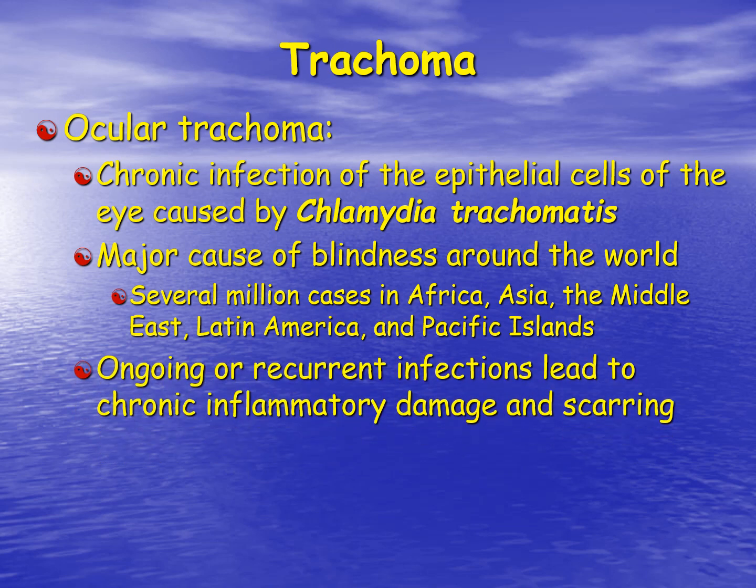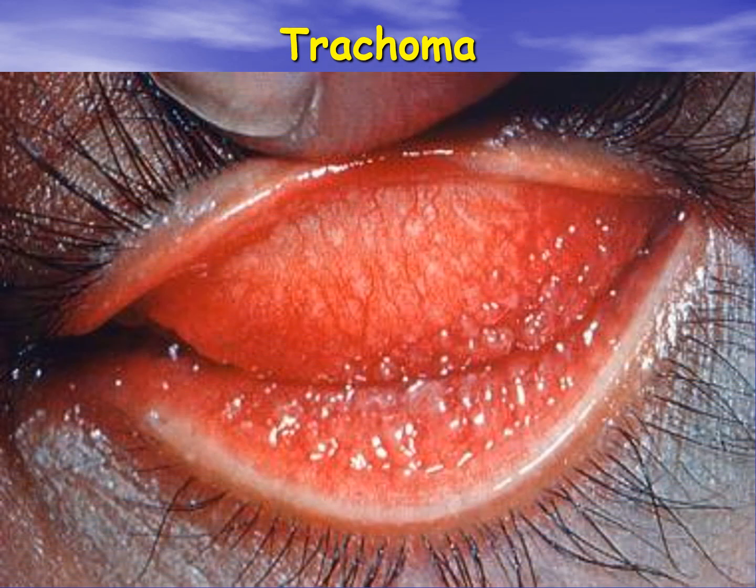Ongoing or recurrent infection leads to chronic inflammatory damage and scarring, and this can eventually infect the cornea, causing corneal scarring. And this is what it looks like, and you can see the blistering effect here on the conjunctiva, and that will sometimes excoriate the surface of the cornea, and then we get the infection in the cornea itself.